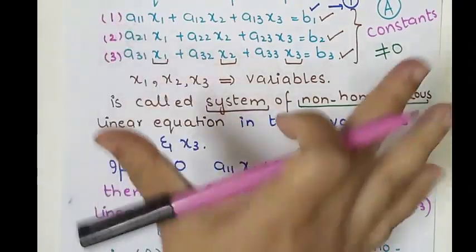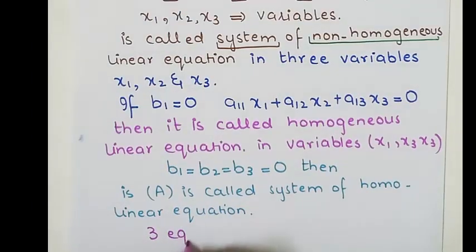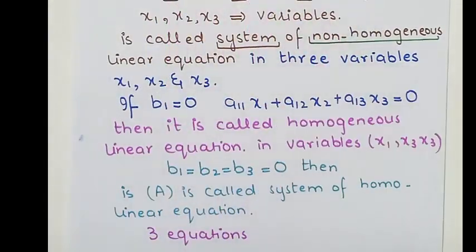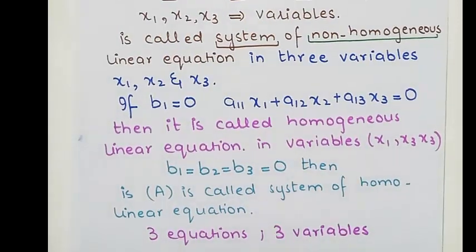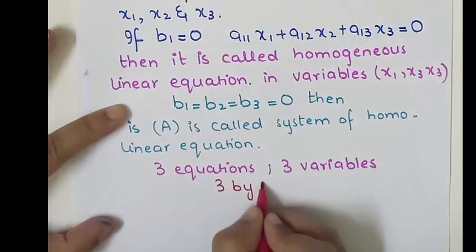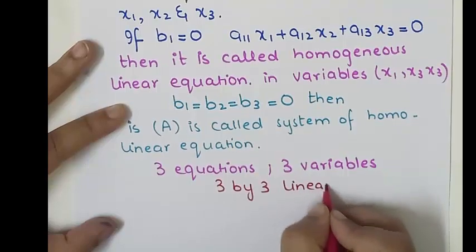We have three equations, and we have three variables x1, x2, x3. With 3 equations and 3 variables, it is called a 3 by 3 linear system.